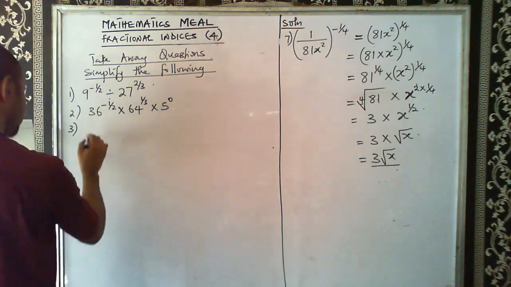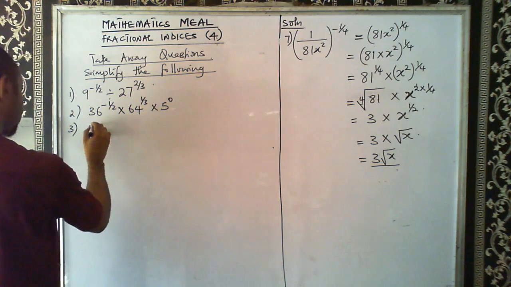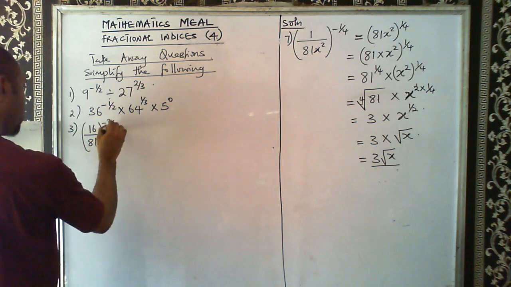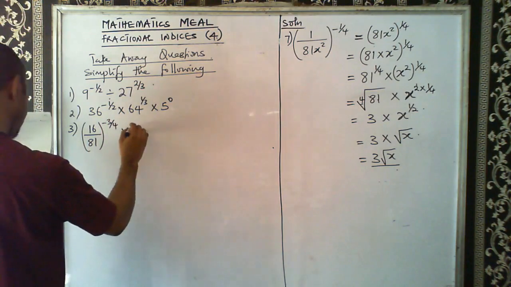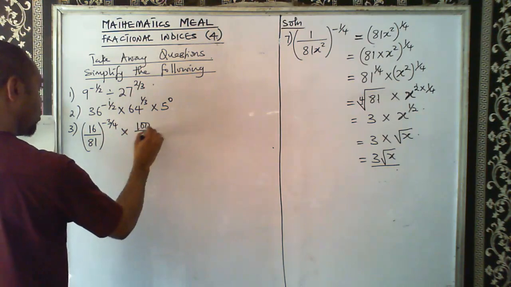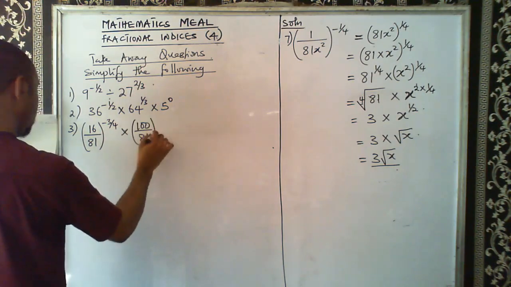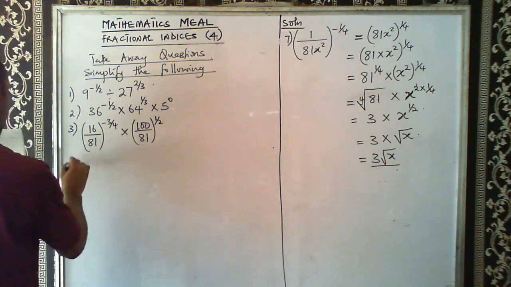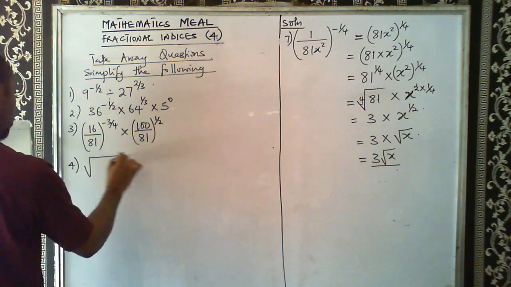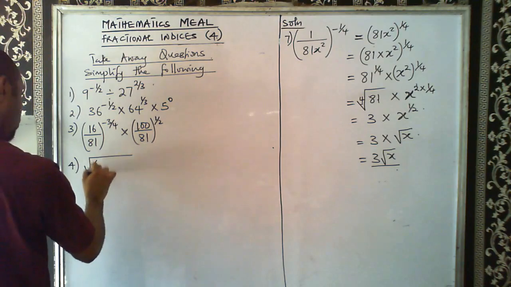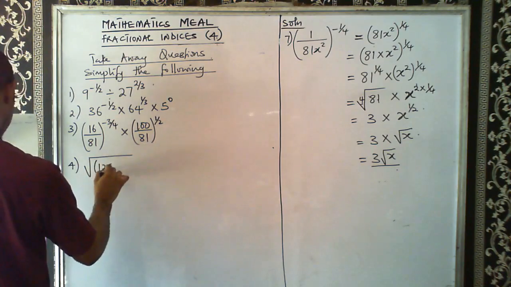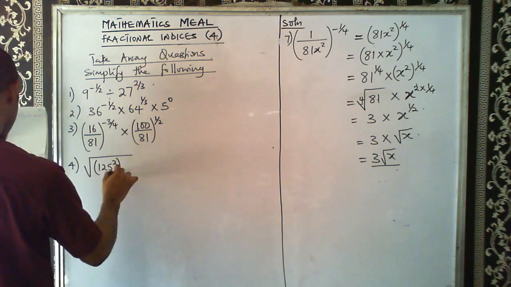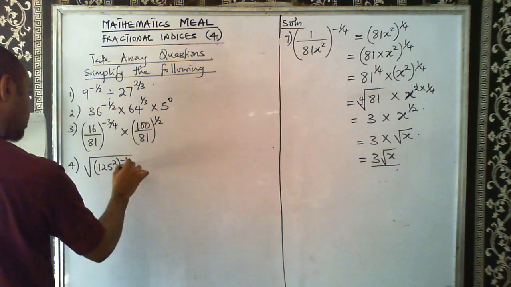Number 3, 16 over 81 to power minus 3 over 4 times 100 over 81 to power 1 over 2. Number 4, we have square root of 125 squared to power minus 1 over 3.